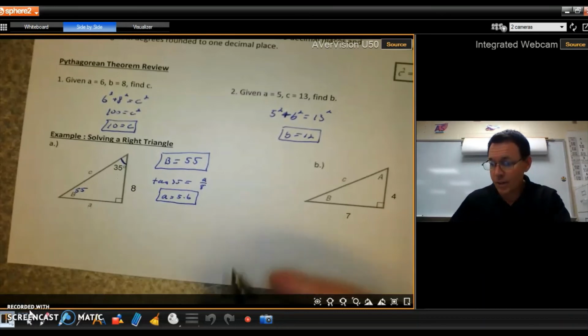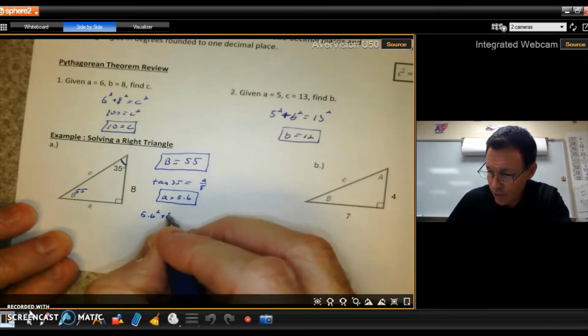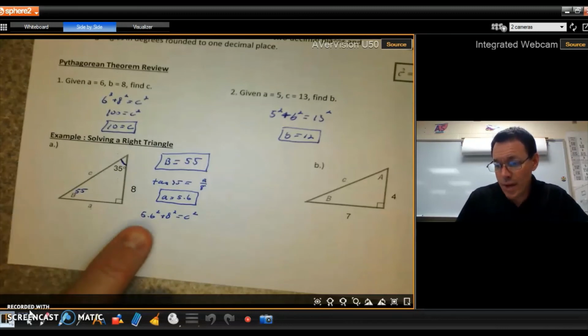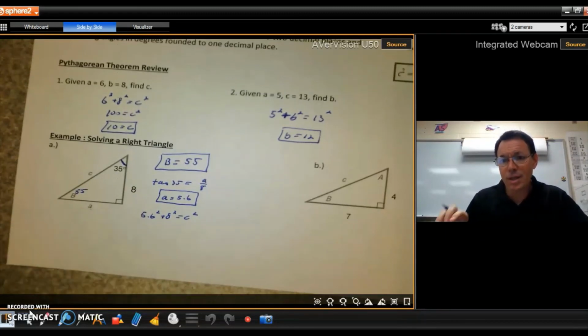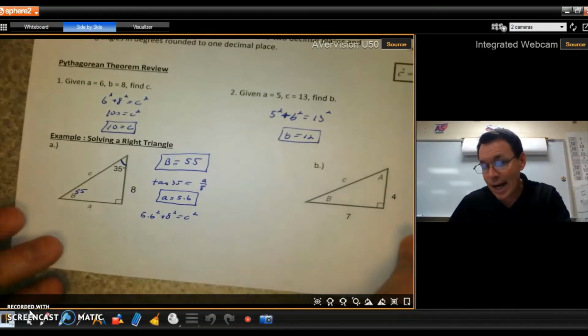Because right now, if I do the Pythagorean theorem, 5.6 squared plus 8 squared equals c squared. What did I just do? Well, I used a rounded answer in my next step, which may throw off my final answer. Now, if it throws it off, it's going to be by a smidge, okay, a decimal. So I'm okay with it.